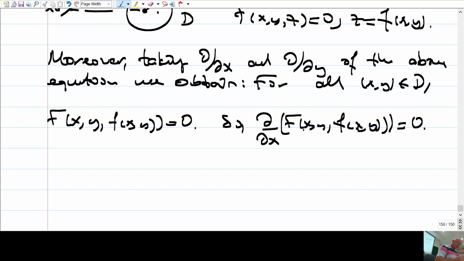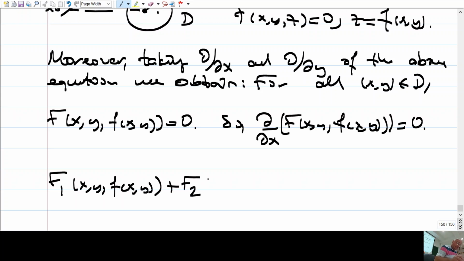What is the derivative? The derivative is this. I apply the chain rule: derivative of F with respect to the first variable, times the derivative of the first variable with respect to x. The first variable is x, therefore the derivative of the first variable with respect to x is 1.